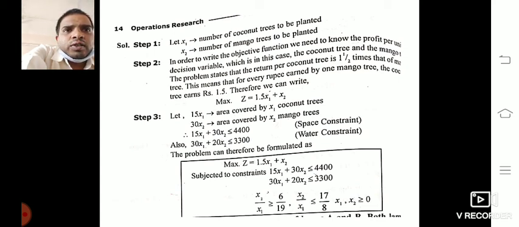Similarly, for water, we write 30x1 plus 20x2 less than or equal to 3300. These are the two constraints: one is the space constraint and the second is the water constraint.